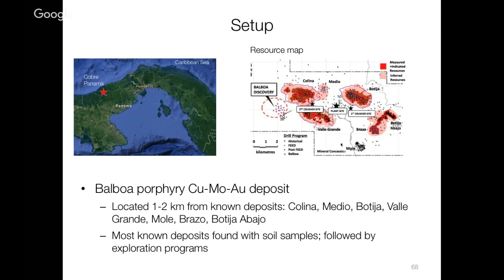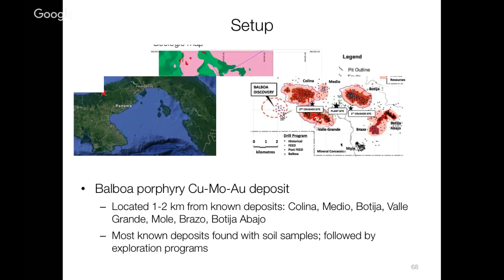It's in an area where a number of deposits already existed. These here were already known deposits. Most of these deposits were found by exploration programs, to see if there was anything nearby that could be discerned.